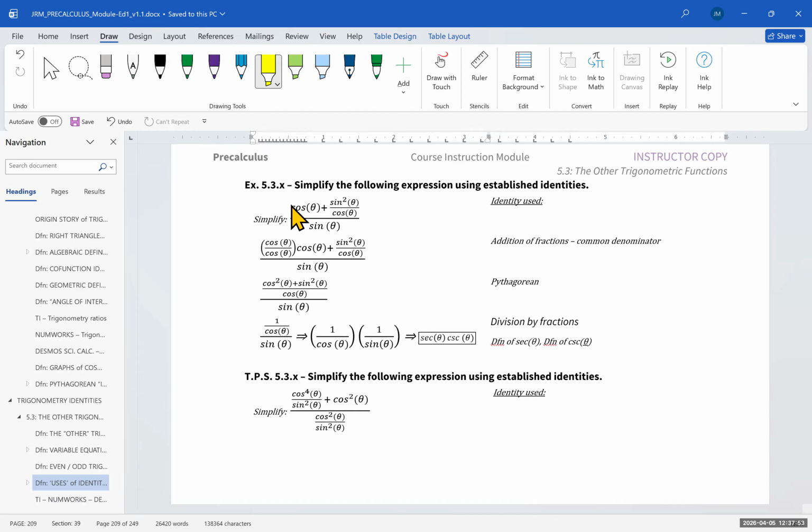So from the last example, it would be nice if we could consolidate these two by putting them under a common denominator. To do that, we need to multiply this term by cosine theta over cosine theta, which is what you're seeing me do here.